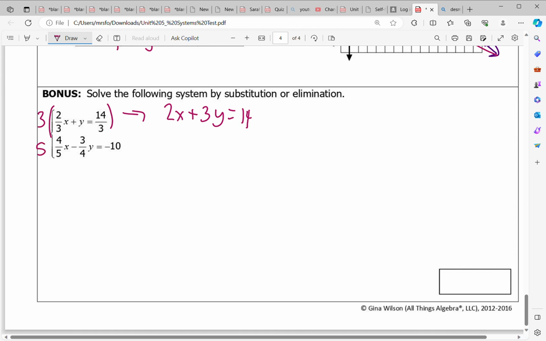Then multiplying the next one by 5 would give me 4x. Well, we would need to multiply this maybe by 20. Multiplying it by 20, because we want to get rid of the 5 and the 4.